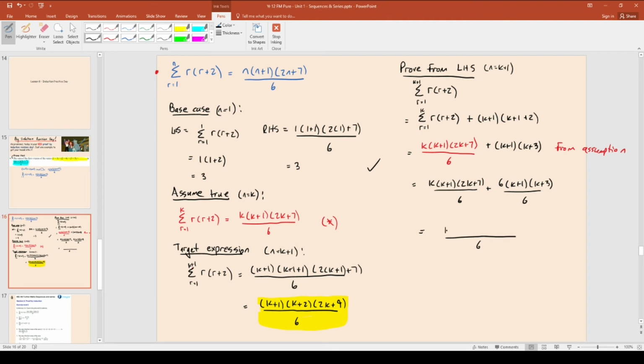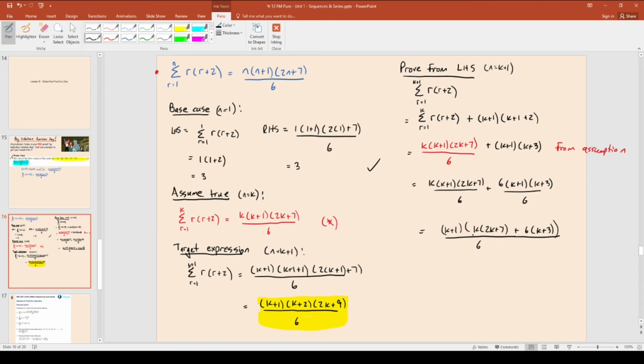I'll be left with k plus 1. Missing from the first is a k, open bracket 2k plus 7. From the second one, what's missing is the 6 and the k plus 3. Now I'm in a muddle, but it's alright. I think we can still do it.